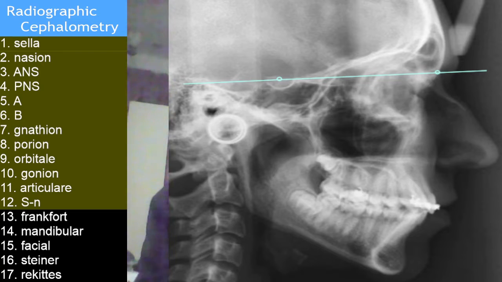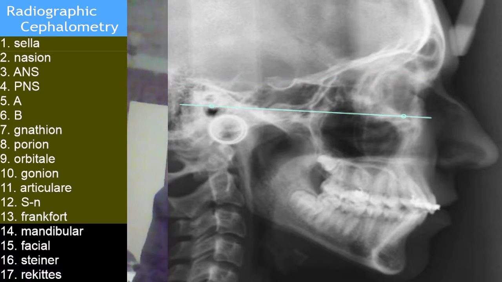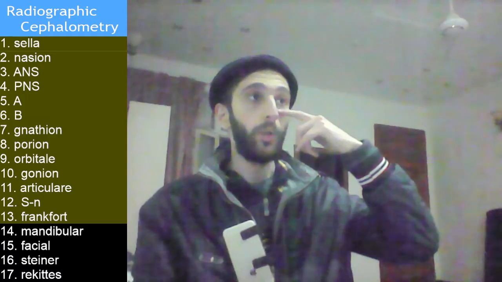Second line is called the Frankfort Line. The definition of this Frankfort Line is the line joining the orbital point and the porion. So where is the porion?